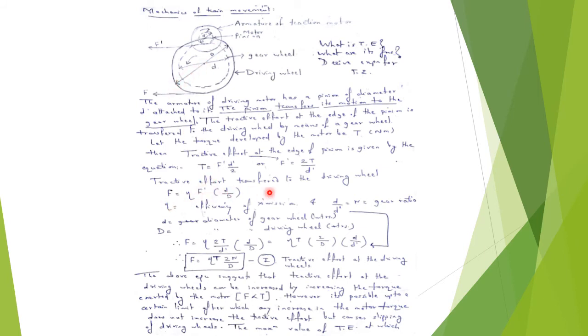So the tractive effort transferred to the driving wheel, F, is given as eta into F dash into small d upon capital D, where eta is the efficiency of transmission and small d upon D dash is called gamma, the gear ratio.